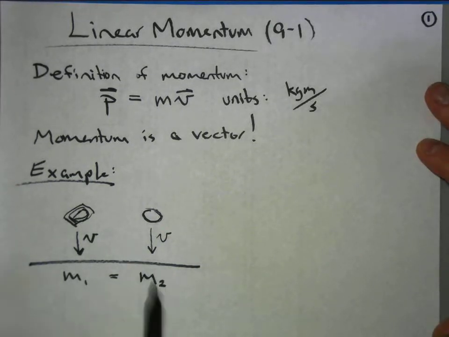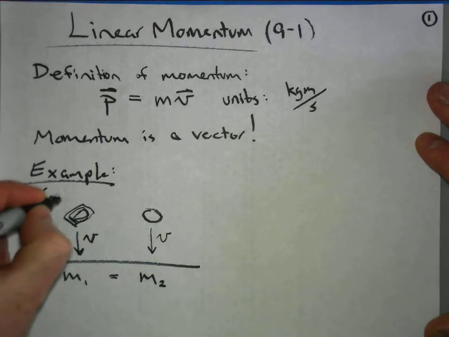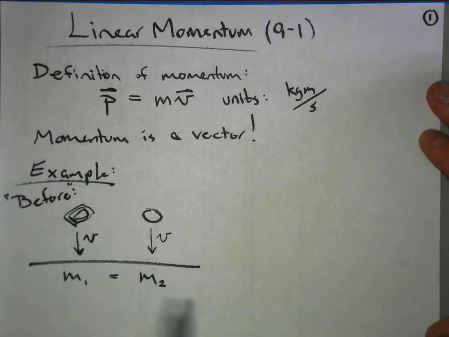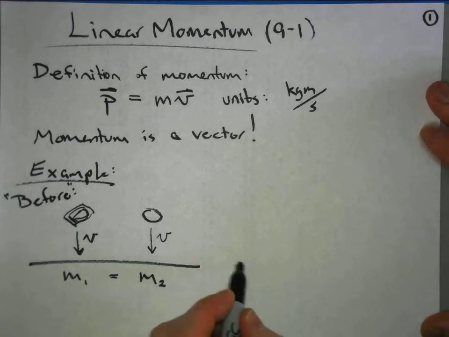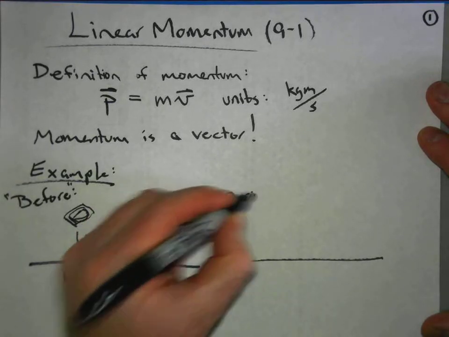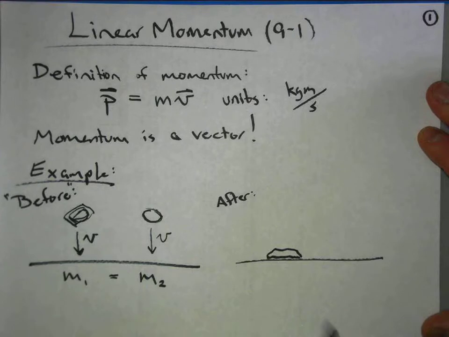So we have them drop from the same height, and just before impacting with the floor, this is kind of like a before situation, they both have a velocity of v. And just after impact with the floor, here's our after situation, the beanbag is just going to be sitting there, flopped, not moving, done.